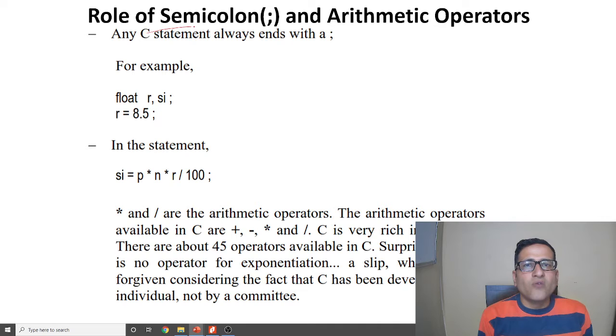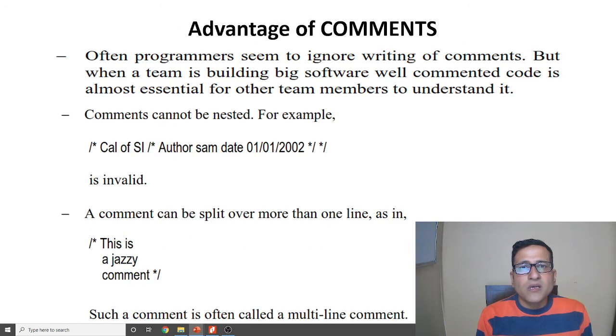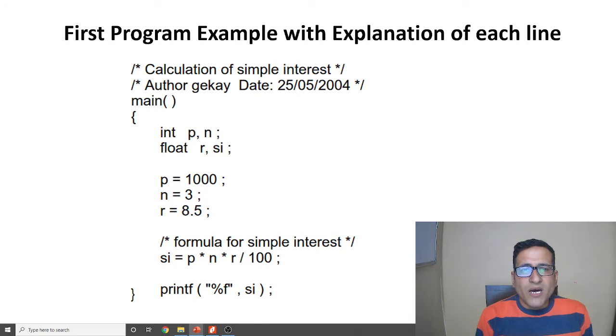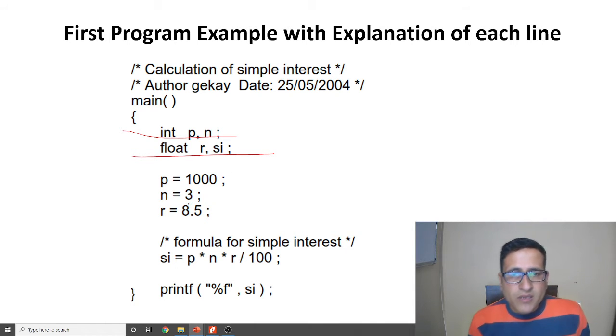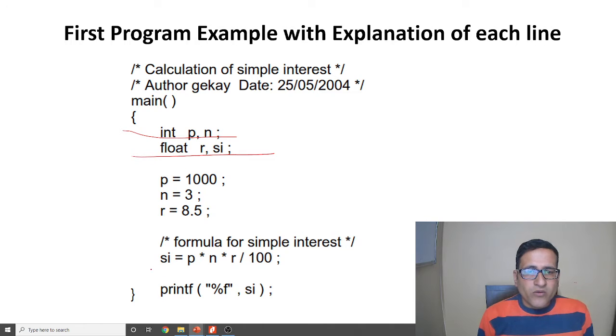Next is the role of the semicolon and arithmetic operators. So in the program we have studied these things. Now we will study the operators. Here we have written some formula. What are these symbols? These symbols are the arithmetic operators.